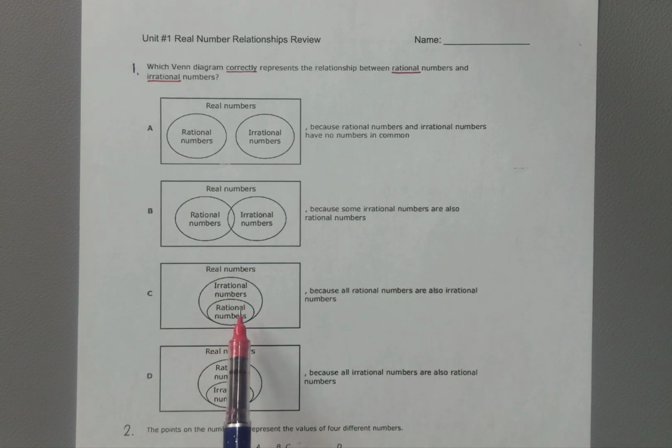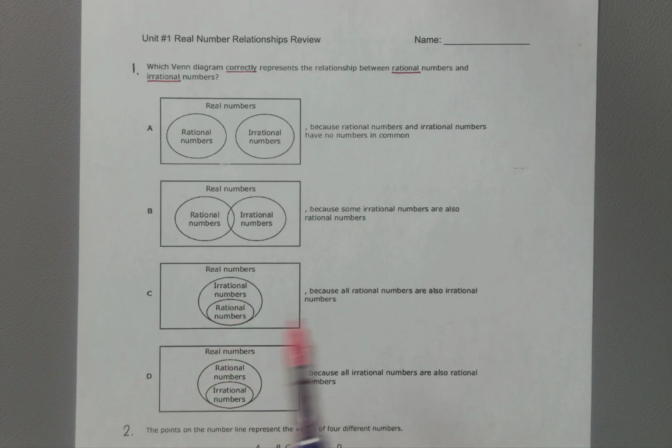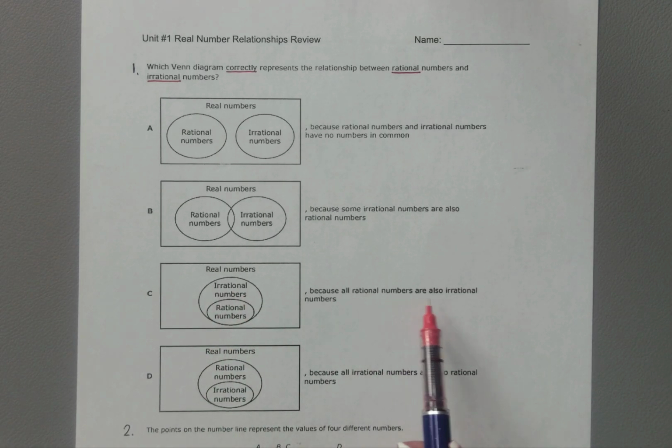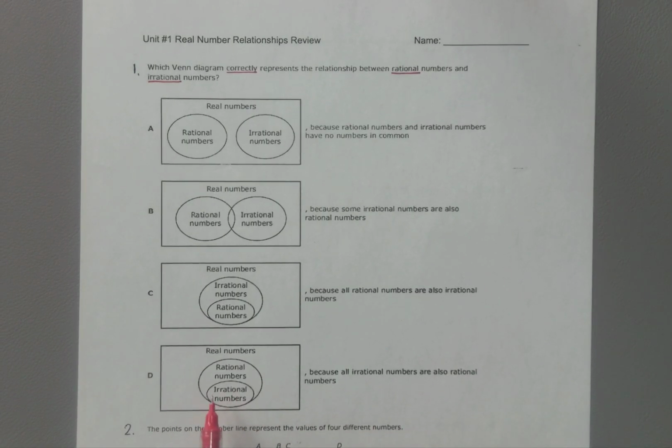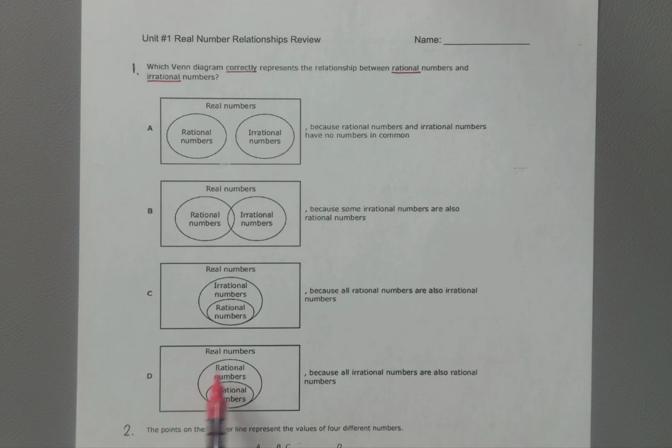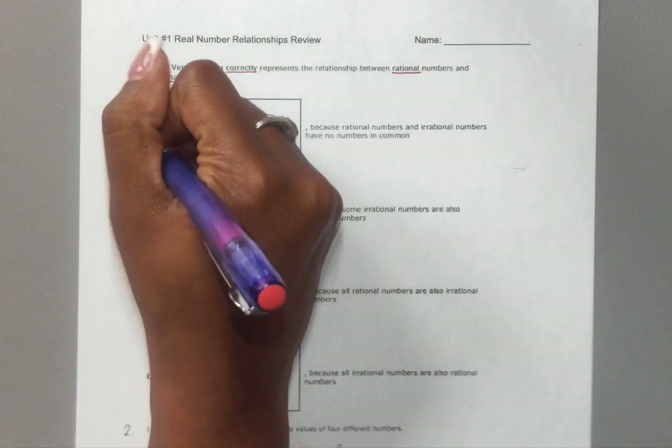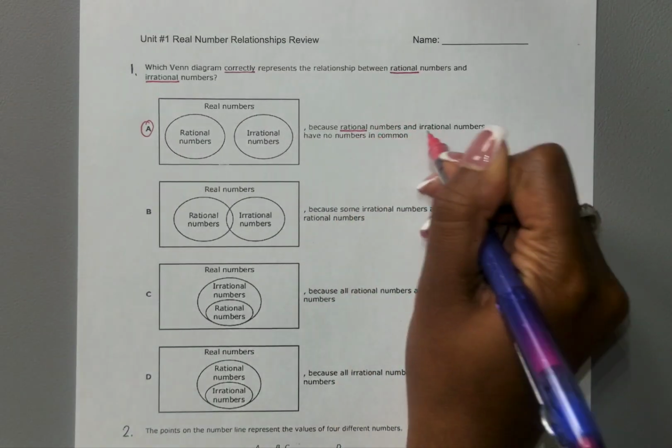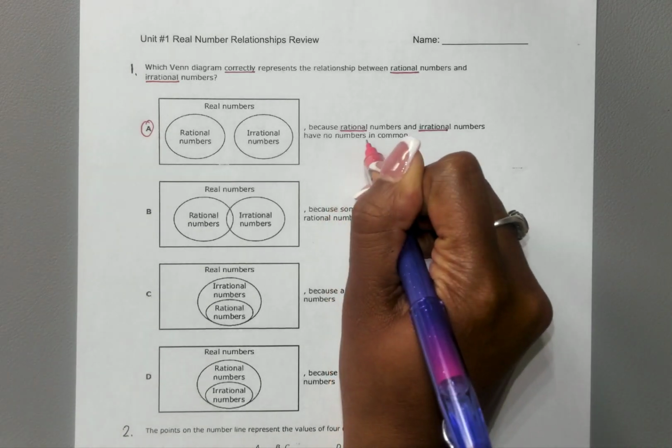On C, we have all of rational numbers inside of irrational numbers because all rational numbers are irrational numbers. In D, we have all irrational numbers inside of rational numbers because all irrational numbers are also rational numbers. Well, I know that the correct answer is A because I know that rational numbers and irrational numbers have no numbers in common.